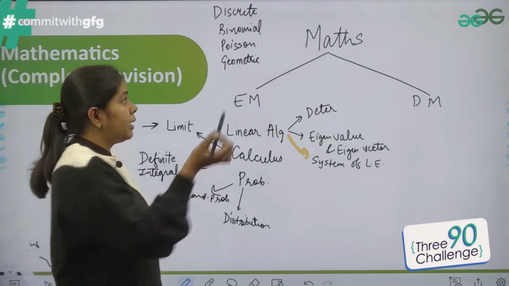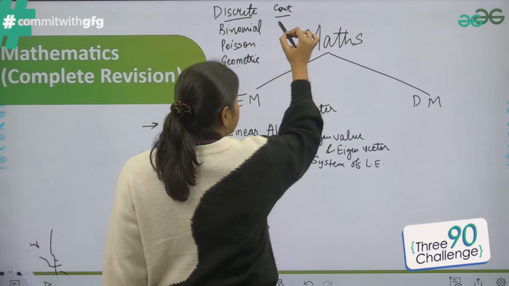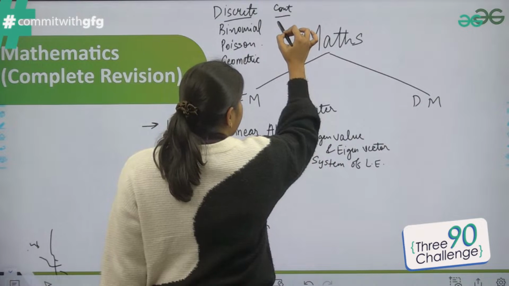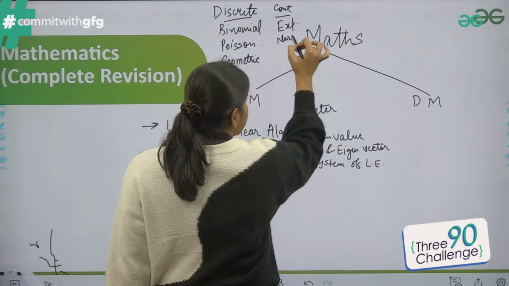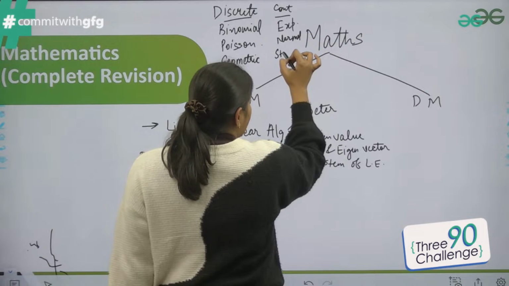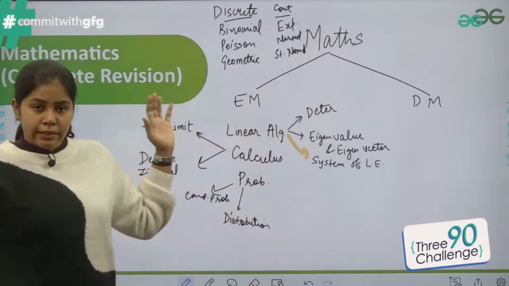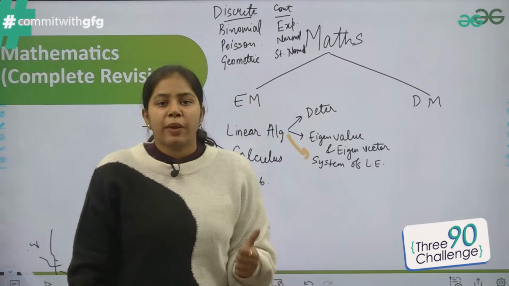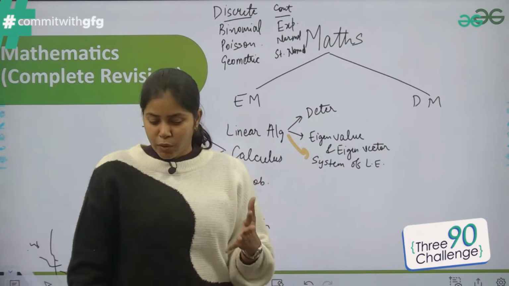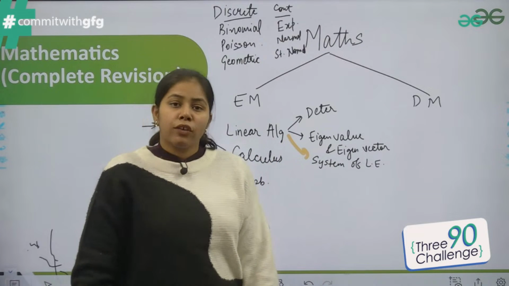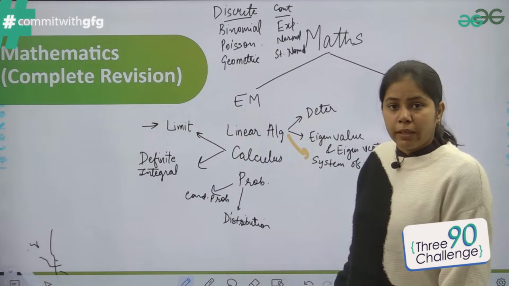And in continuous random variable, first of all we have exponential, then we have normal distribution, and then we have standard normal, right? So you just have to remember all these discrete and continuous random variables, expectation and variance, and that would help you to solve the question. Expectation, variance, and probability function. Okay, so if you remember all these things, then it would help you to solve all the questions from EM, right?